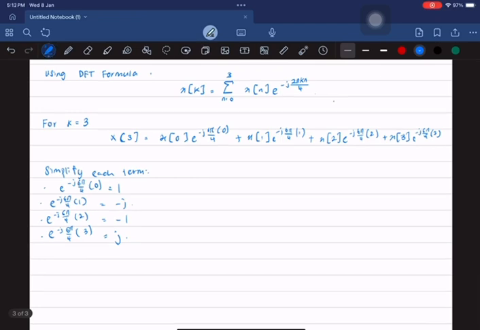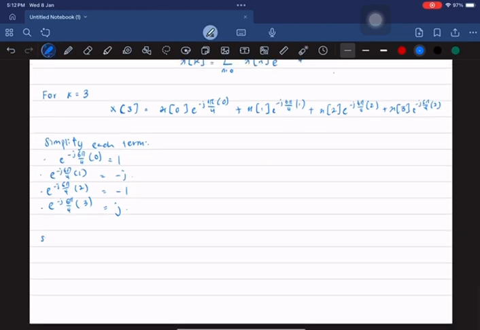After that, we substitute the sample values, because we already simplified each term.